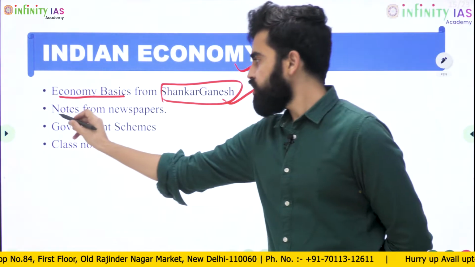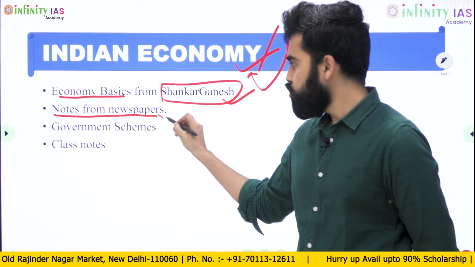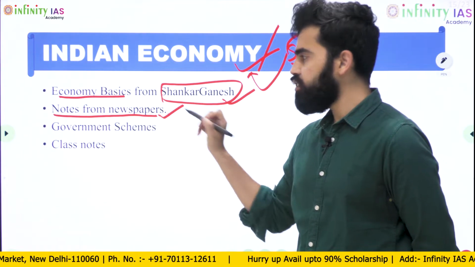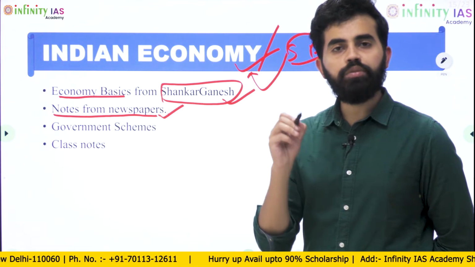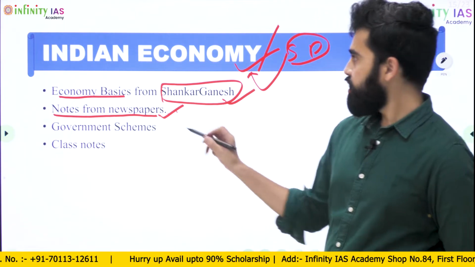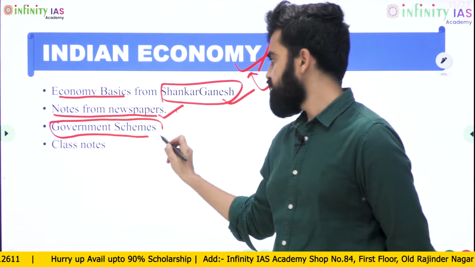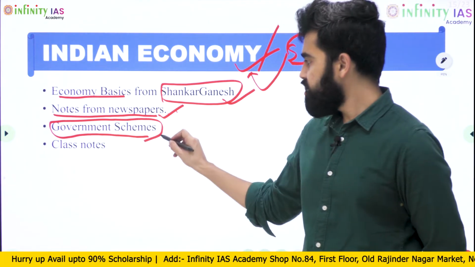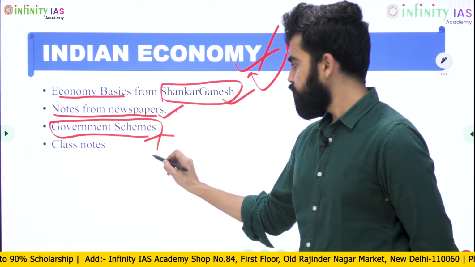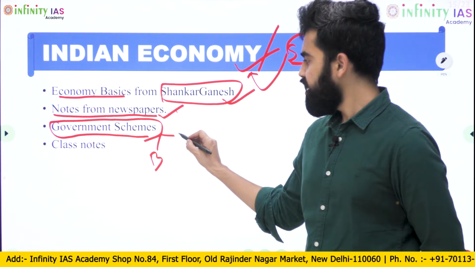After that, the most important thing after understanding our concepts is daily newspaper reading. There is economy related news every day in the newspapers. A note has to be made every day regarding the economy current affairs. And then for the social development part, we have different government schemes. These schemes can be covered either through booklets released by our academy or we can find them online.